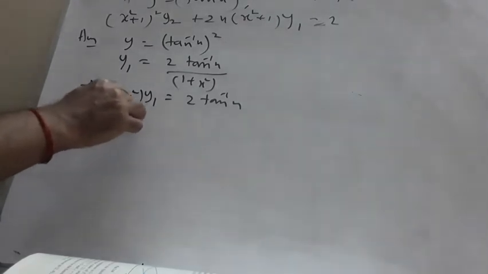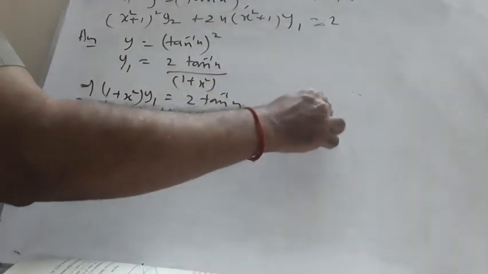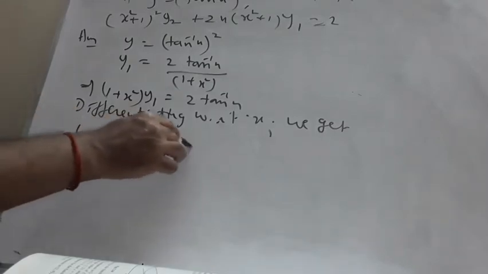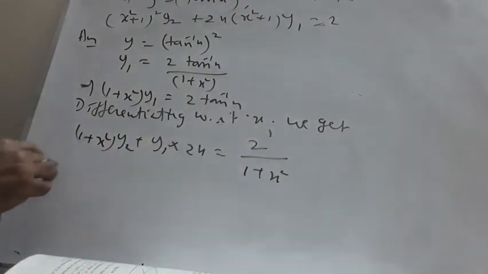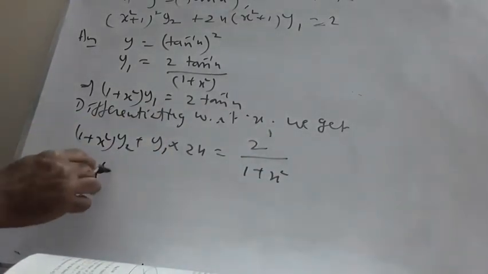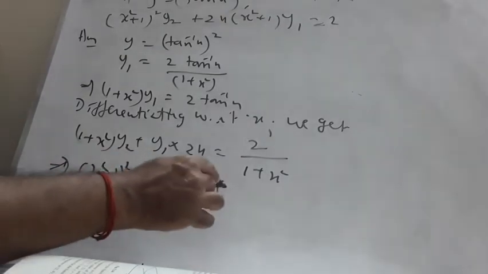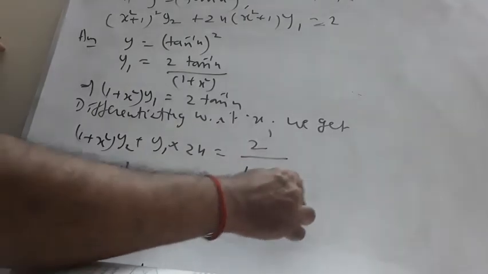Now differentiating with respect to x, we get 1 plus x square into y2 plus y1 into 2x is equal to 2 divided by 1 plus x square, which implies x square plus 1 the whole square into y2 plus 2x into x square plus 1 into y1 is equal to 2.